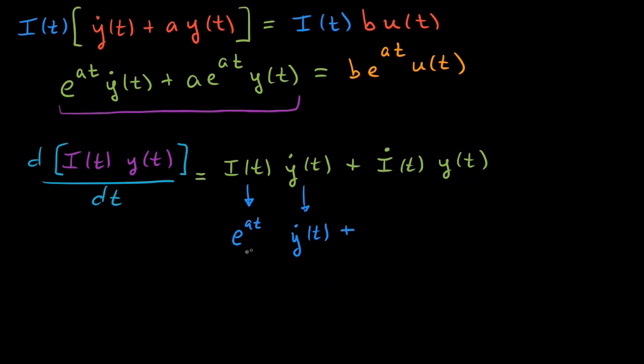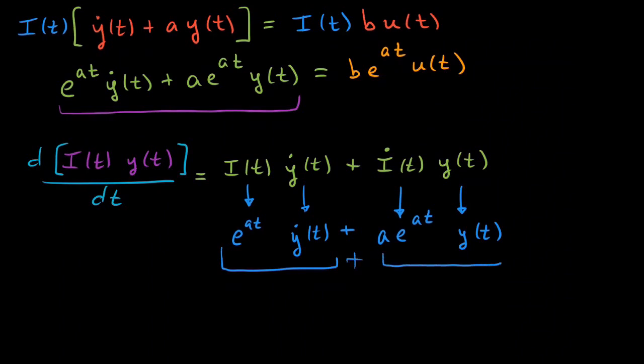So I've got the derivative of e to the at. Well, that's just going to look like a e to the at, and then again, I just bring down y of t. So presuming I said all that right, I've got e to the at times y dot plus a e to the at times y. And if you notice, that's what this expression is.